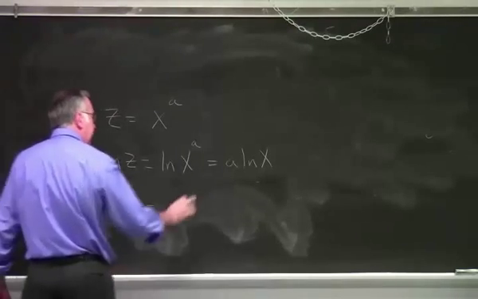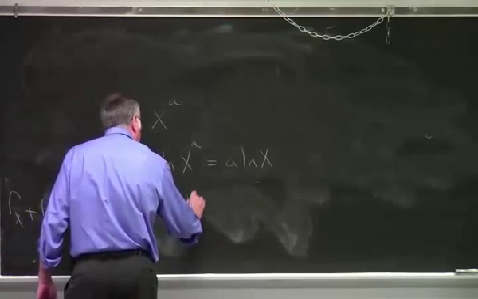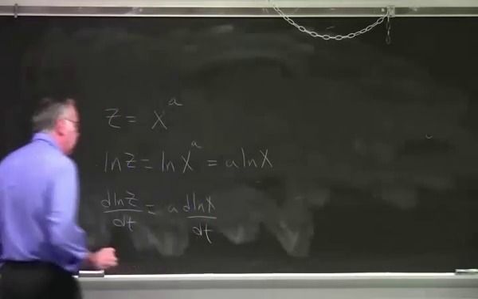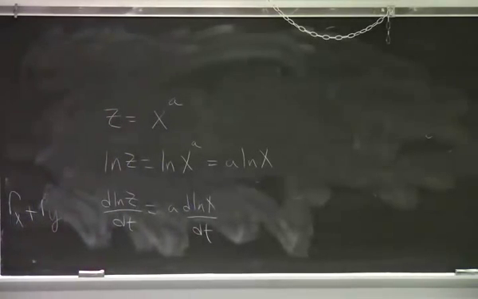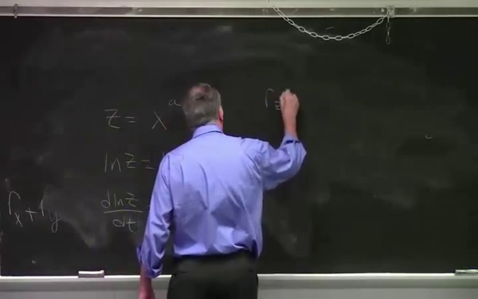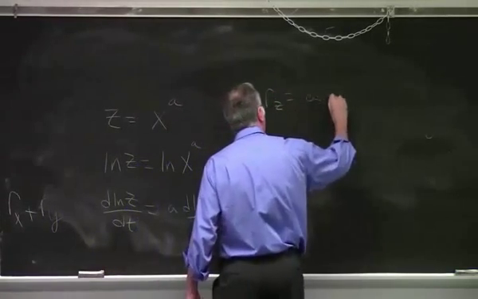And obviously that is going to be a times the derivative of log x with respect to time. Okay, we're assuming that z and x are both functions of time. Now you've got it, because d log z dt is, by definition, the growth rate in z. The growth rate in z is equal to a times the growth rate of x.